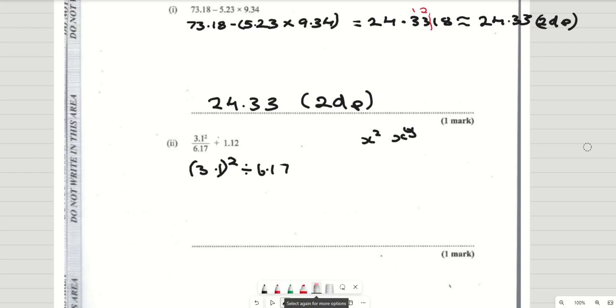So you have 3.1 open and close bracket squared, divided by 6.17, and then after you put this, you add the answer to 1.12.